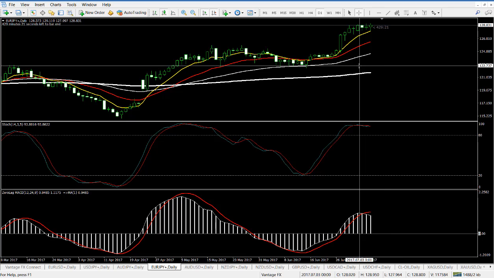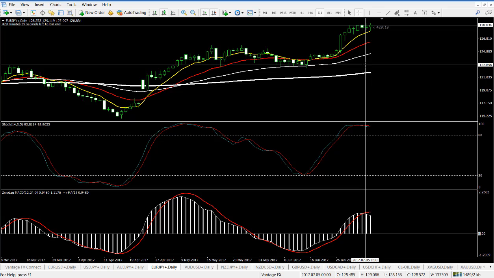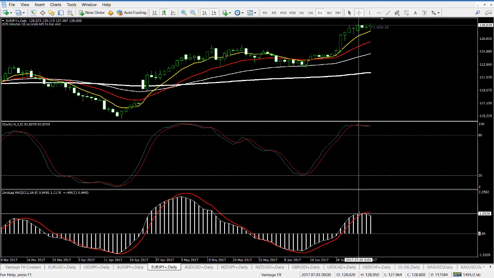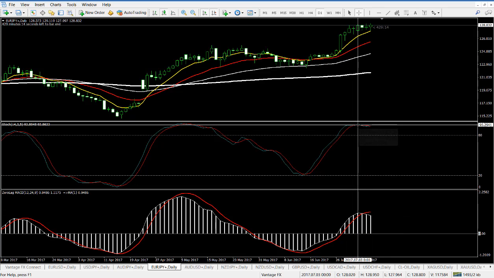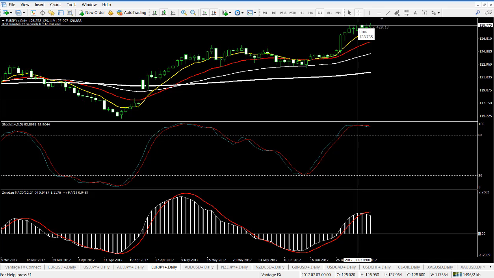And I could close my trade as soon as I get a cross in this MACD here and the cross on this stochastic, which was on top of this candle on the 3rd of July. So my trade would be open for roughly 2 weeks, 13 days, and that would be the best. And I would have had like 500 pips.